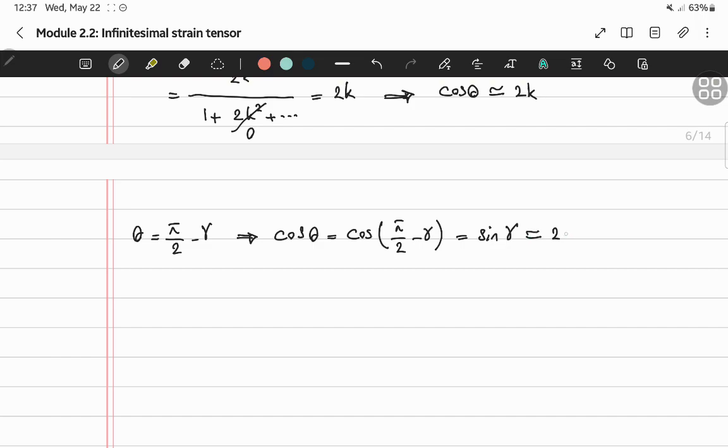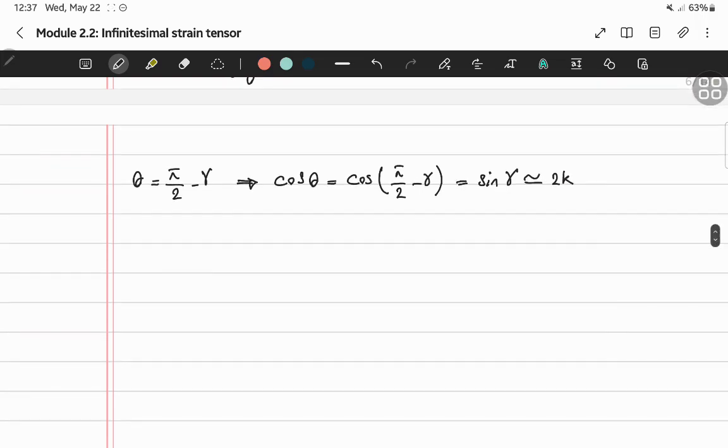This is approximately equal to 2k. Since we are working with an infinitesimal, or small, deformation, sine gamma can be approximately equal to gamma.